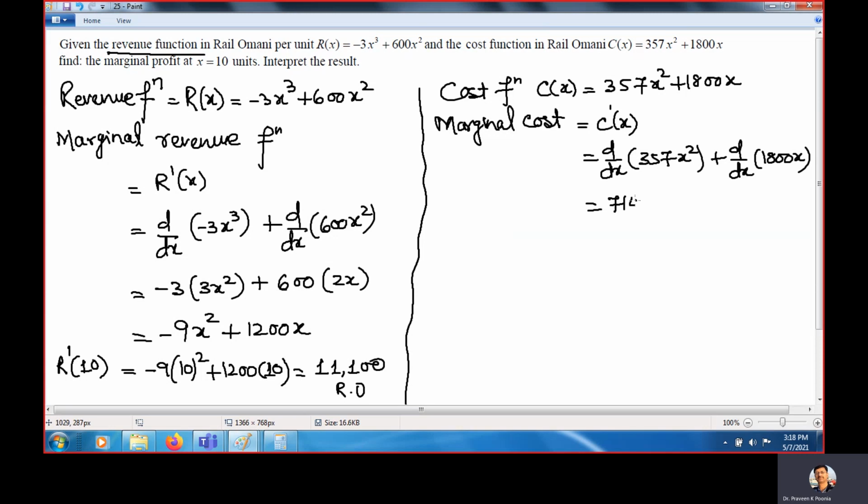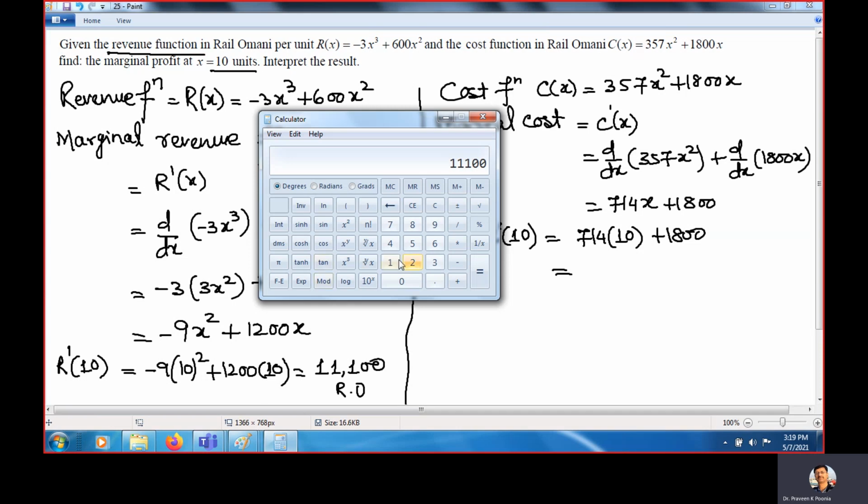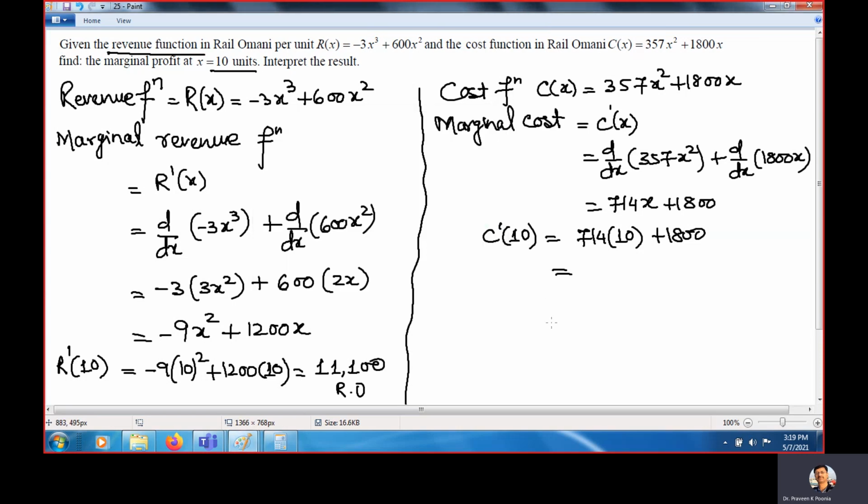If you simplify it, you will get 714x plus 1800. Now 10 units, so marginal cost at x equal to 10. So 714 into 10 plus 1800, and this will be 7140 plus 1800. This is 8940.